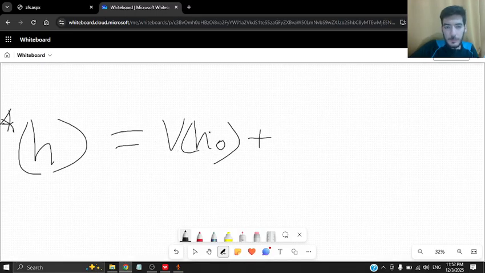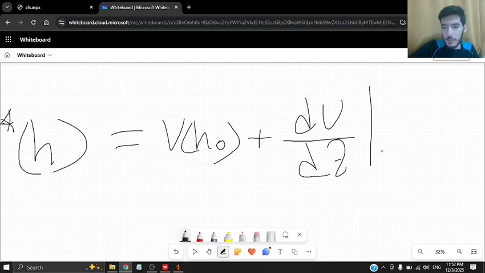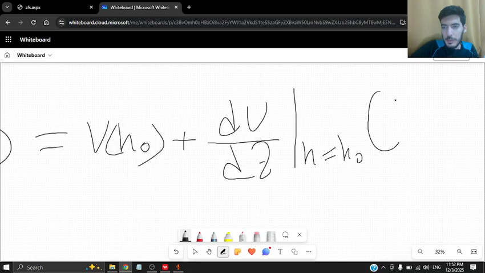Here I have v of h naught plus the differentiation of the function in respect to h, then multiplied by h minus h naught. Here h naught is 5, it's given in the question.